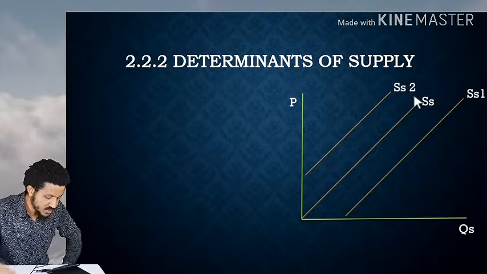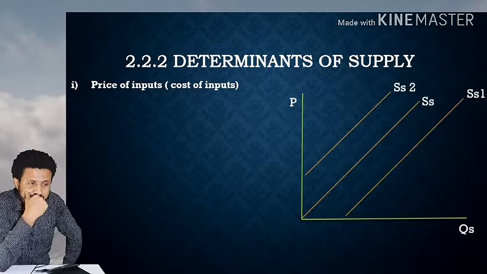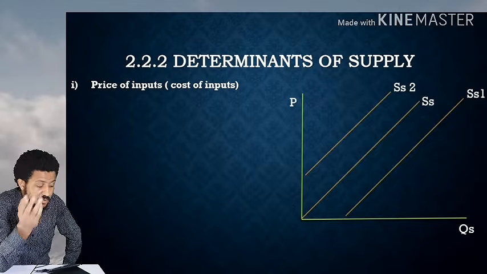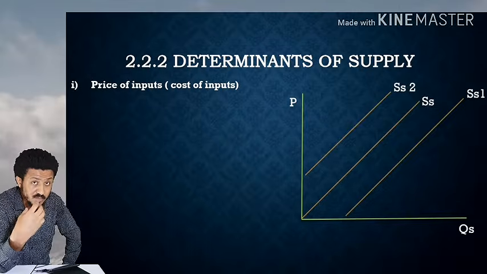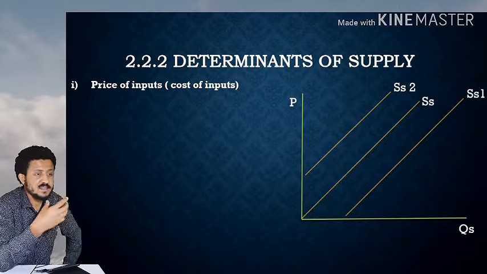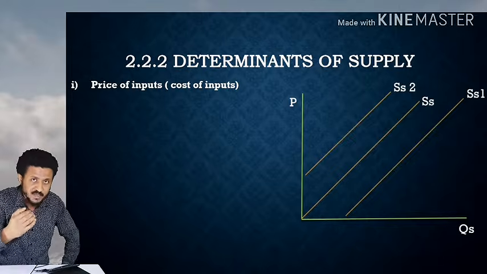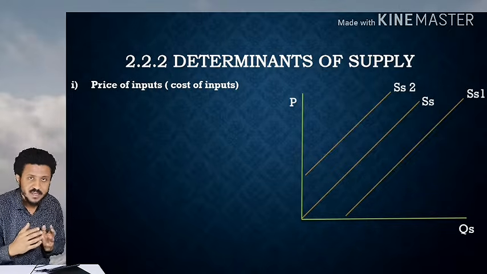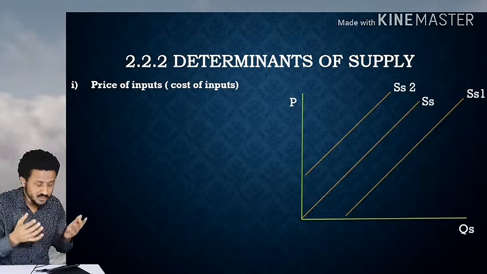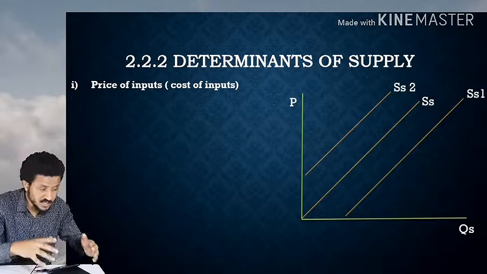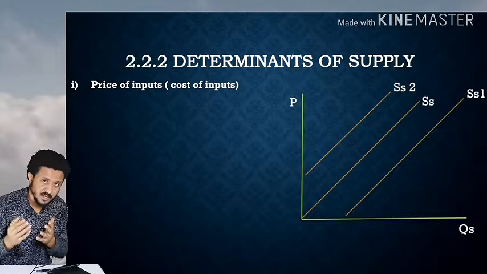So what is the first one? የመጀመሪያው ምንድነው? Price of inputs or cost of inputs. If you are a producer, አምራች ከሆናችሁ you are using inputs in order to produce output አይደል? Then if the price of those inputs that you are using decrease ቢያደርግ, የምትገዟቸው ኢንፑቶች ዋጋ ቢቀንስ, it means you got the opportunity to purchase more inputs. ስለዚህ አውትፑታችሁ ምን ይሆናል? ፕሮዳክሽናችሁ ምን ይሆናል? ይጨምራል because ኢንፑታችሁን ስለጨመራችሁ.